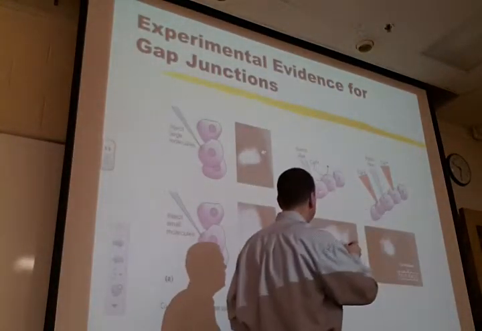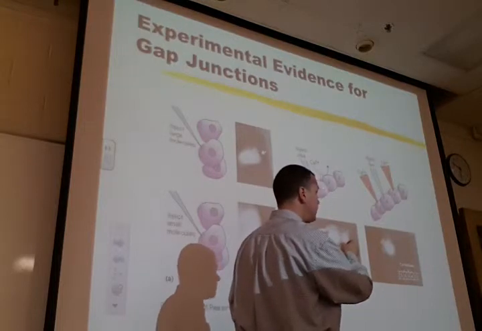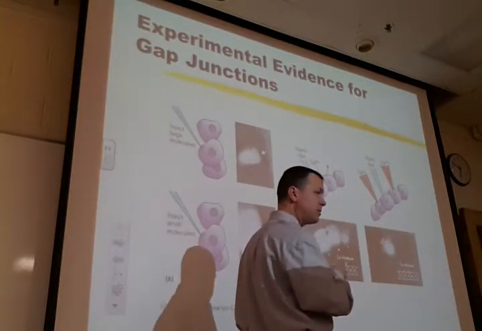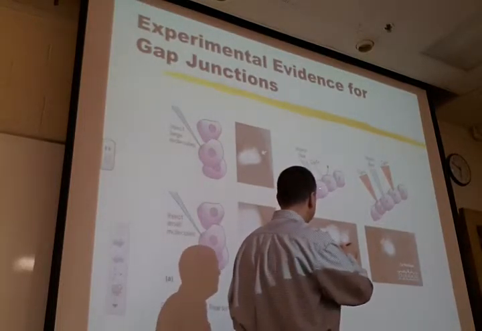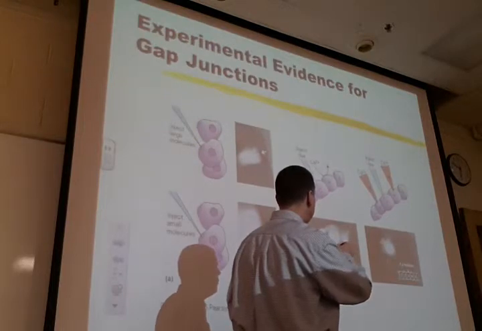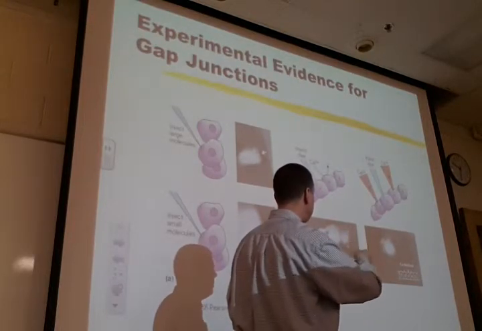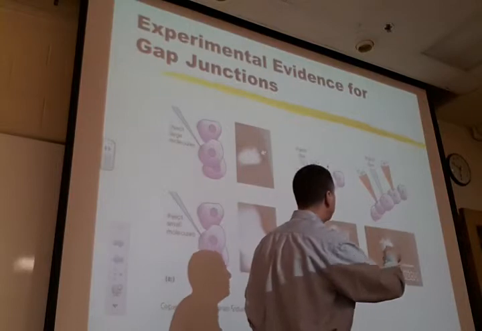Again, if we inject the small dye into the middle cell here, and there's no calcium around, then that little dye molecule will get across the gap junctions and get into all 5 cells.